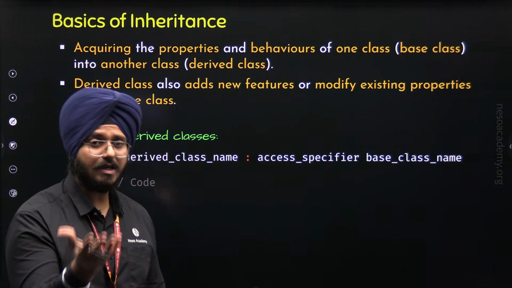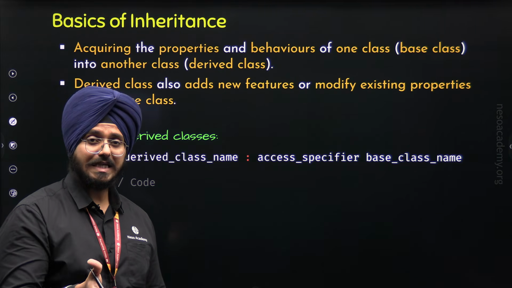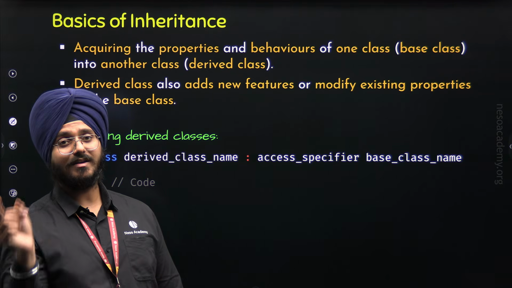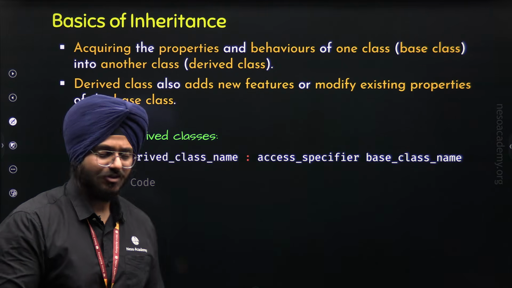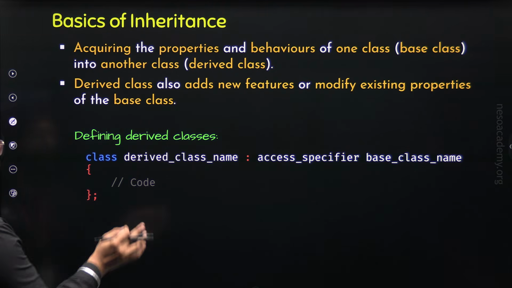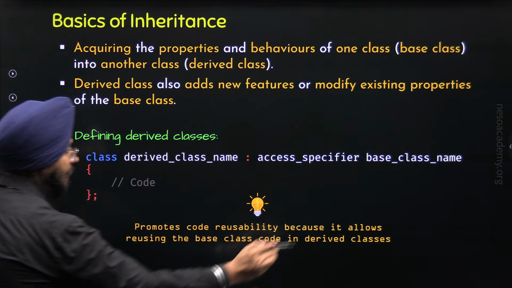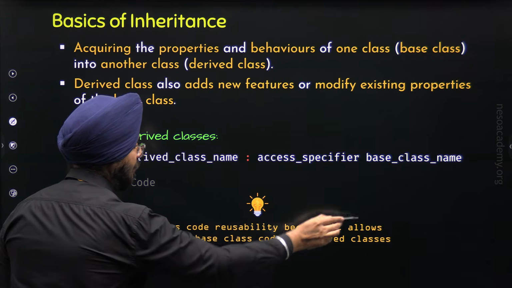What is the significance of inheritance? Why do we acquire properties and behaviors of one class into another class? Why do we do this? The reason is simple. It promotes code reusability because it allows reusing the base class code in derived classes.